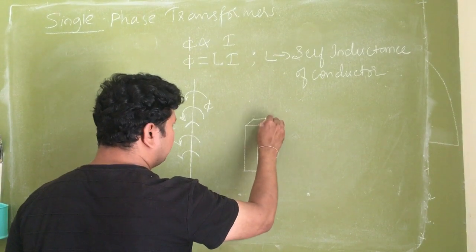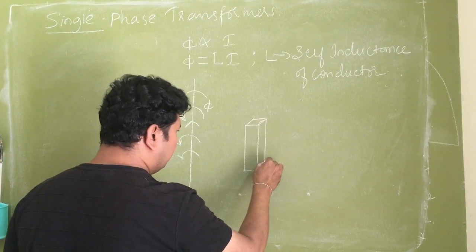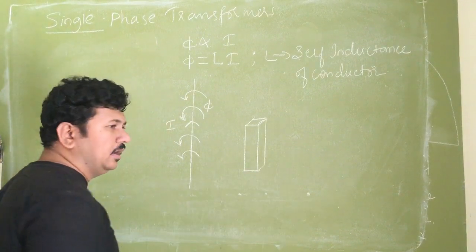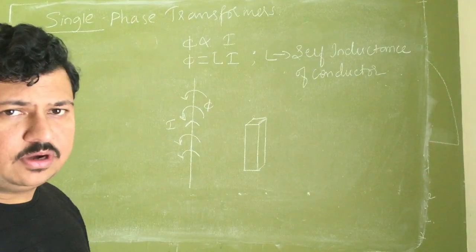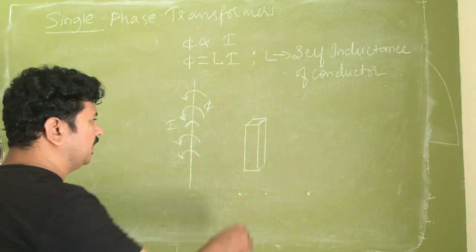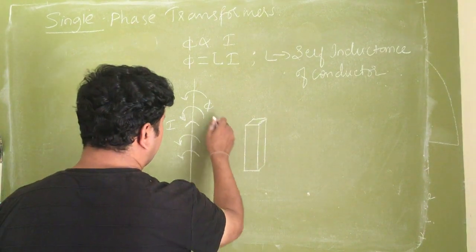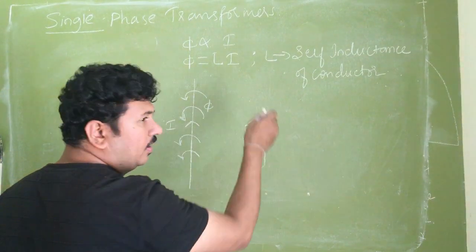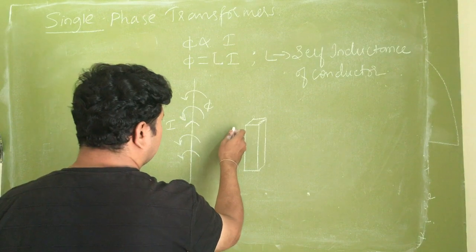This core must compulsorily be magnetic in nature. I cannot take wood and wind it around; it won't help. Then I will keep this conductor in the form of a coil surrounding the core.